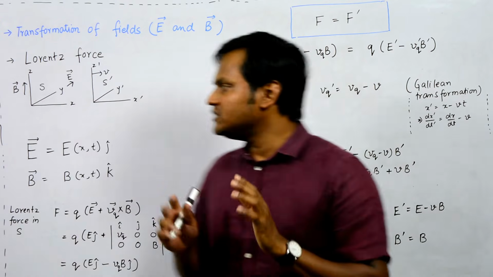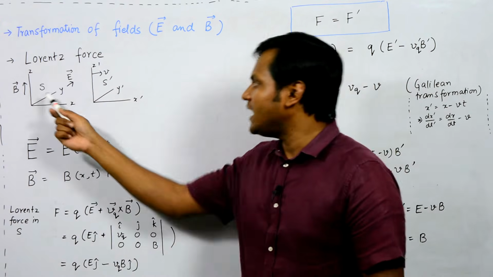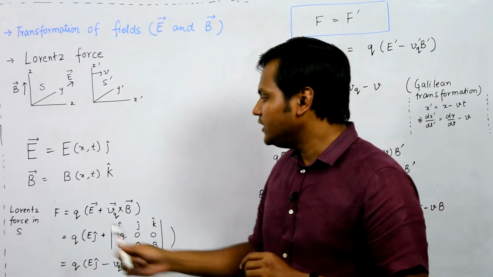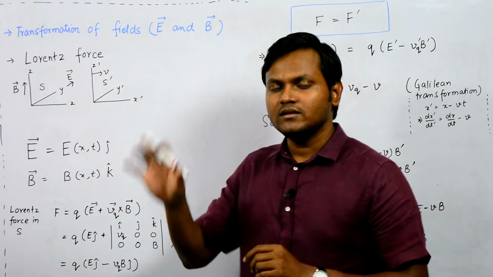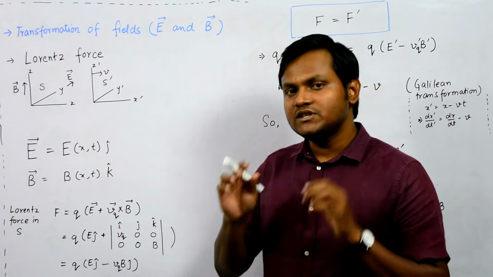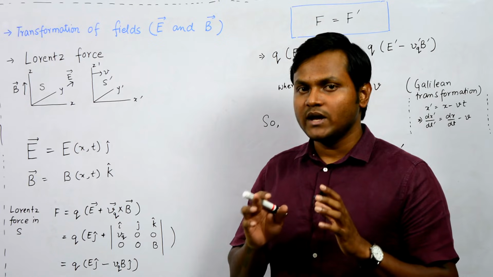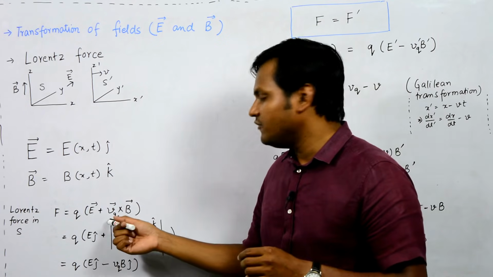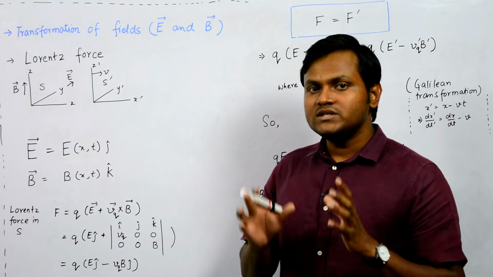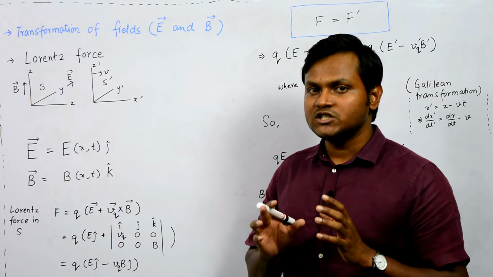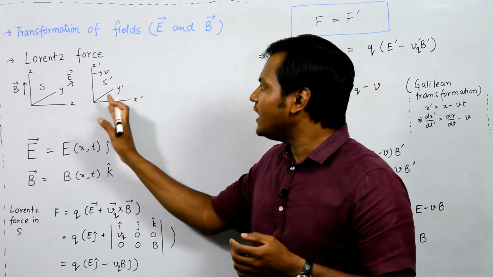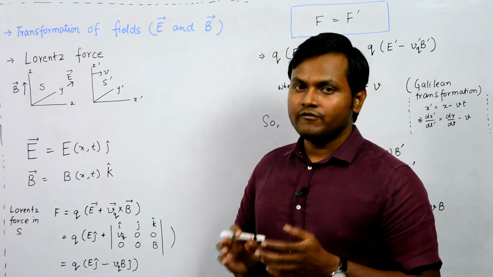So let's imagine that we have two frames of reference, S and S dash, and there is some charged particle q present in the frame of reference, and if the charged particle is moving with respect to, let's say, the x-axis with some velocity, let's suppose vq, then what is the force experienced by the charged particle due to the presence of electric and magnetic fields in either frame of reference?